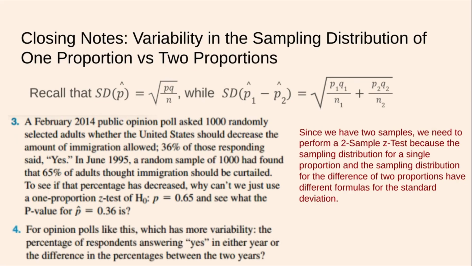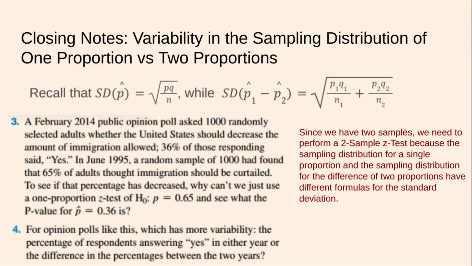So, number 4, for opinion polls like this, which has more variability? The percentage of respondents answering yes in either year or the difference in the percentages between the 2 years? Now, even if you didn't see the formulas, if you're dealing with one variable, there's one variable's worth of variation.